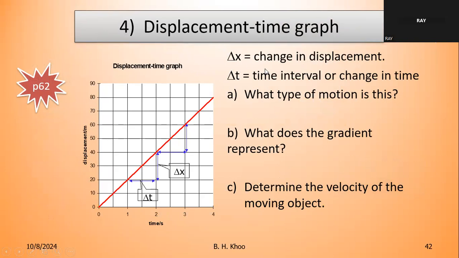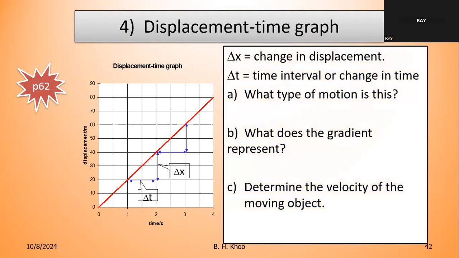Right, displacement time graph. Delta x is change in displacement, delta t is a time interval or change in time. What type of motion is this graph? Yep, linear motion. Usually we say uniform velocity rather than linear motion. Correct.